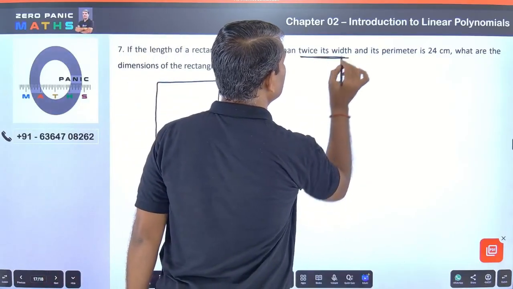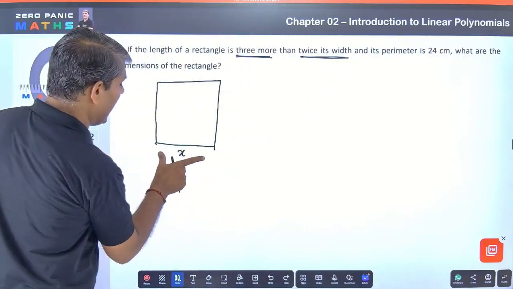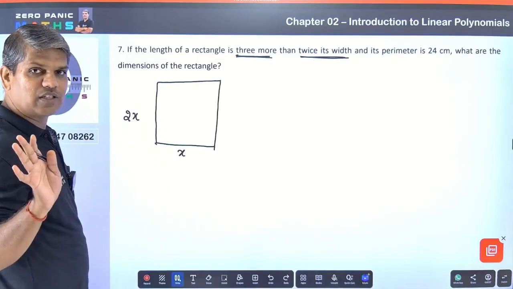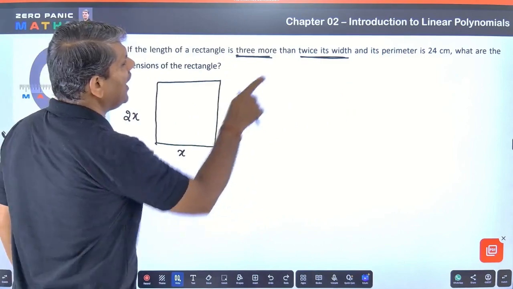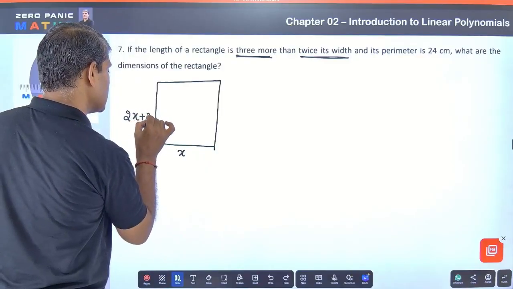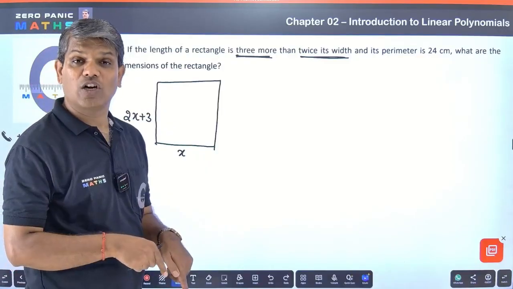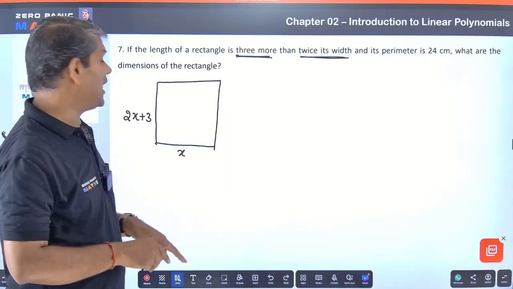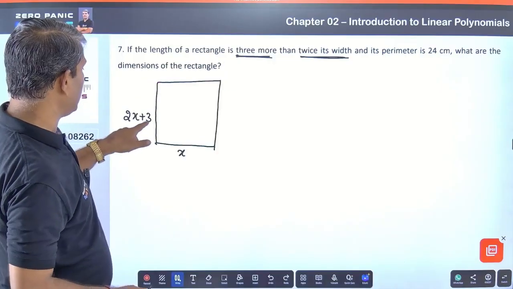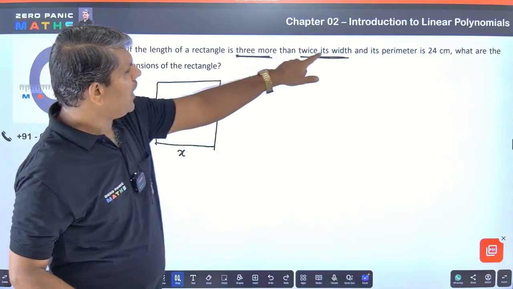Twice its width. Now first of all, if x is the width, twice the width makes it 2x, right? And 3 more than twice the width, so adding 3 to this. This is the way to analyze it. That's why I'm saying the length of the rectangle is 3 more than, it means plus 3, twice its width.